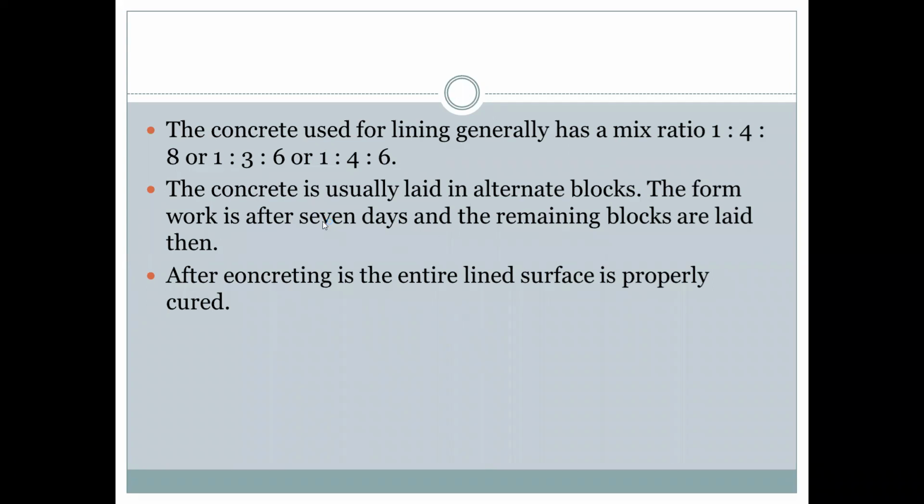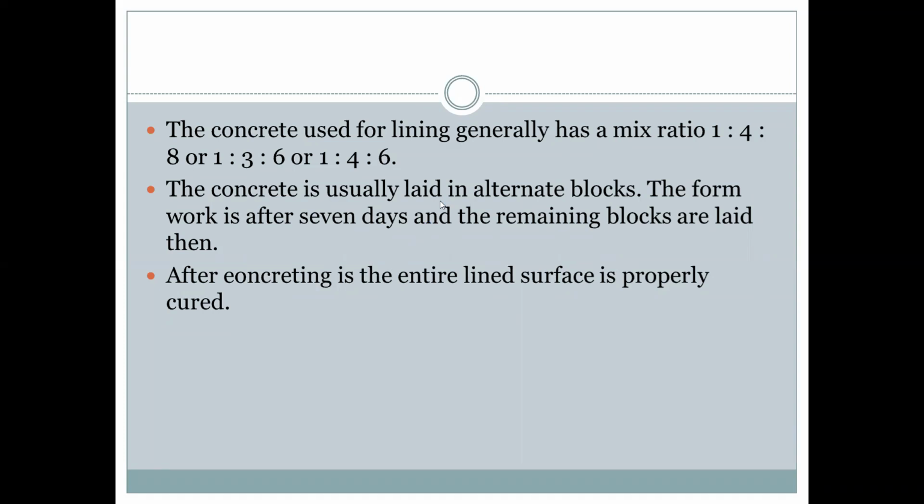The concrete is laid in alternate blocks. The formwork is removed after 7 days, and the remaining blocks are laid after removing the formwork.